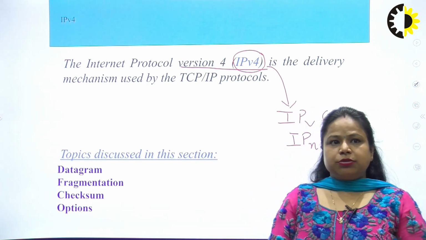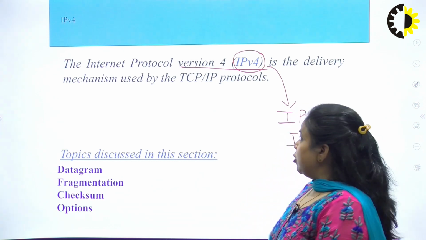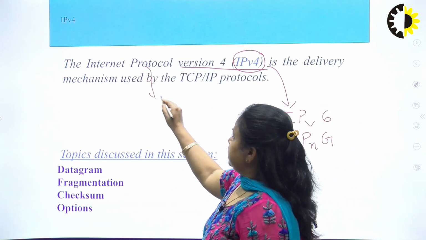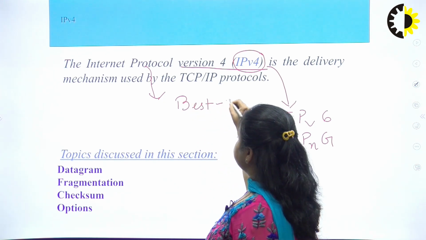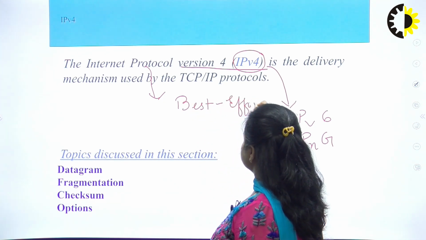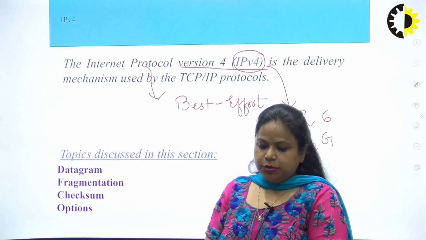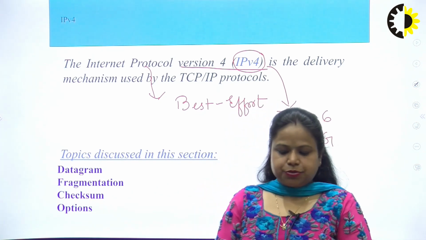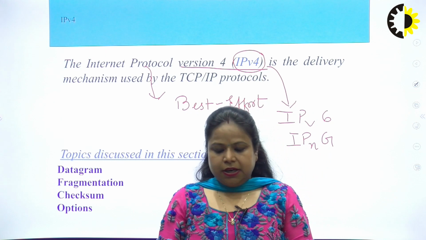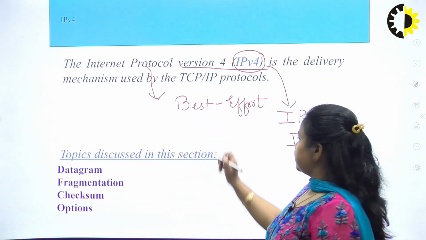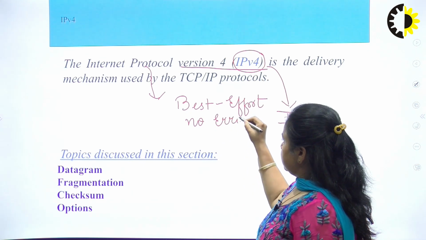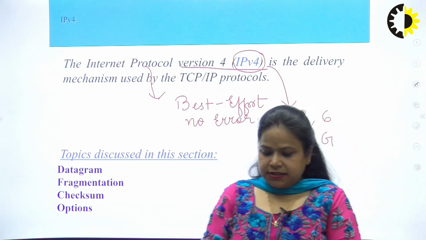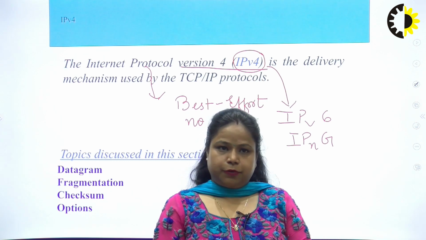When I'm talking about the Internet Protocol, we always talk about its two properties. The first is that it provides best effort delivery. When I use the words best effort delivery, it means it sends the packet, with no error control and no flow control.